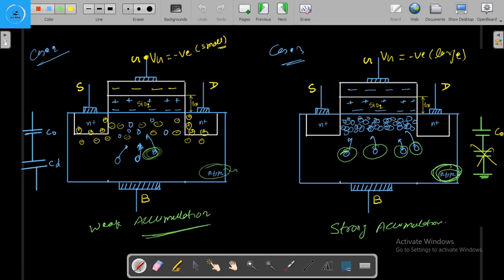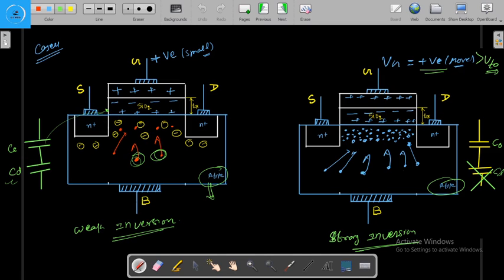So for the p-type substrate, the hole is coming easily, but the electron is not coming easily, because the electron has to break the covalent bond to become free and to come here.